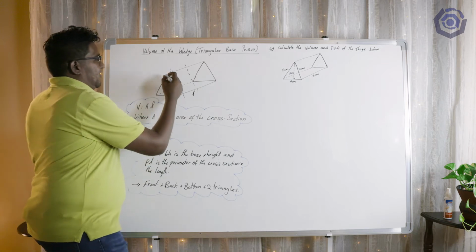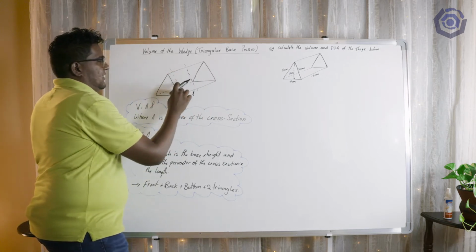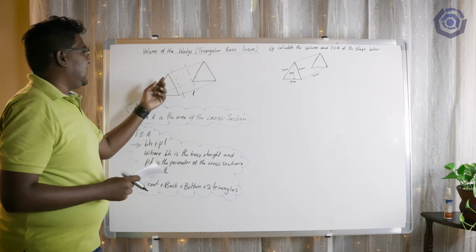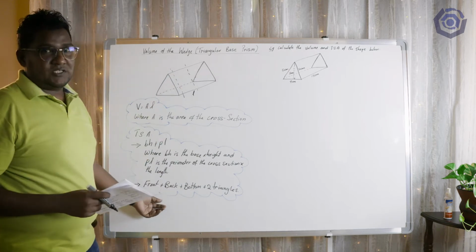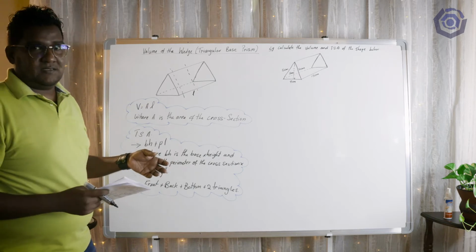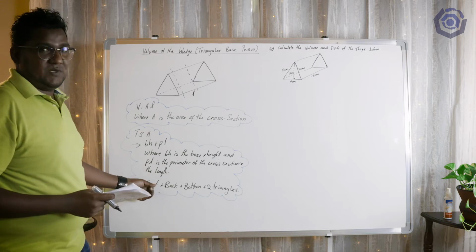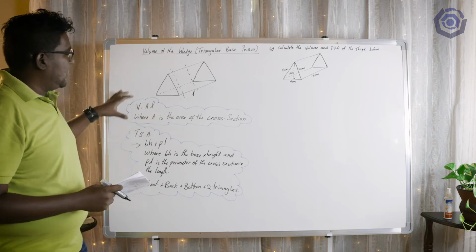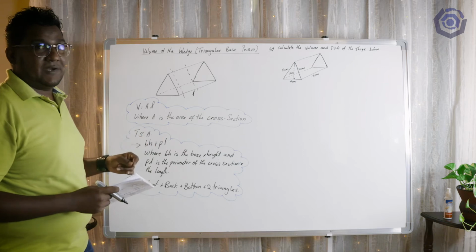So we find the area of our front face plus the area of the back face plus the area of the bottom face, and then we add the area of our two triangular ends in order to find the total surface area. So we use this when we don't have the height. We just have all three sides and we don't have the height, then we use this one. So there's a lot going on in the formula. So let's look at some examples and how we use everything here to find our answer.